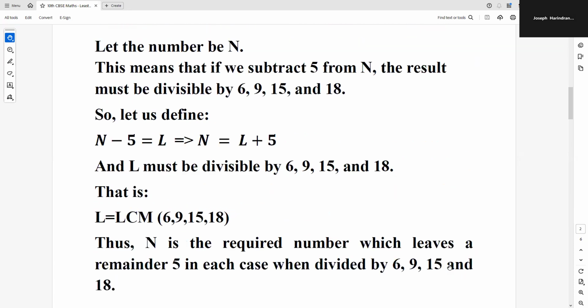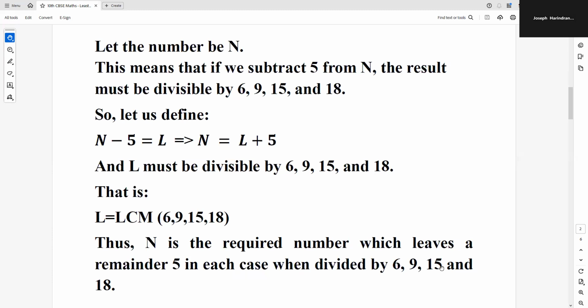Let the number be n. This means that if we subtract 5 from n, the result must be divisible by 6, 9, 15, and 18. So let us define this. N minus 5 is equal to L, where L is the LCM. So we can write this the other way also. N is equal to L plus 5, because we need only n here.